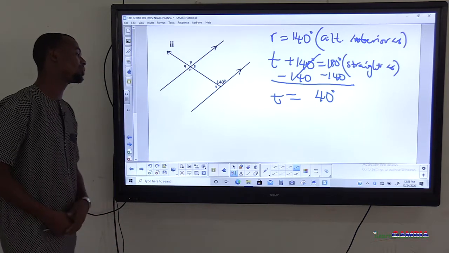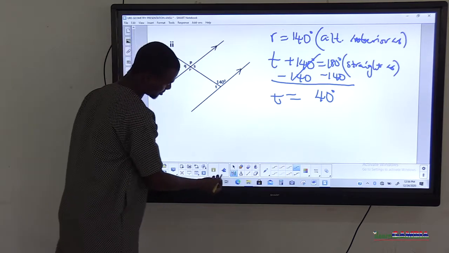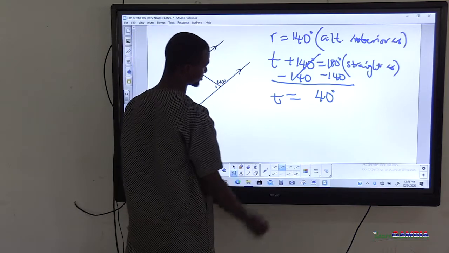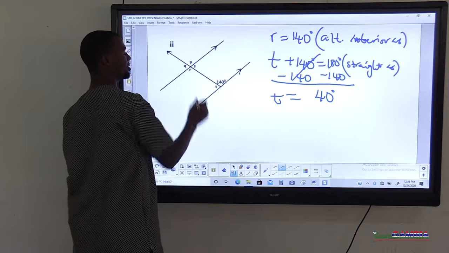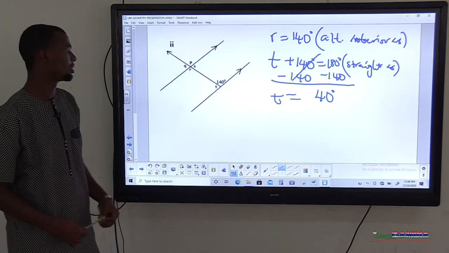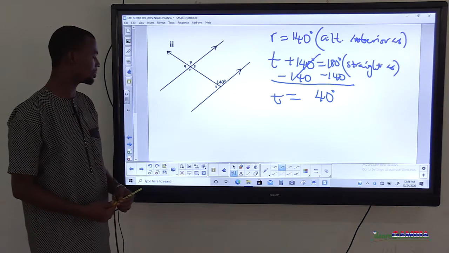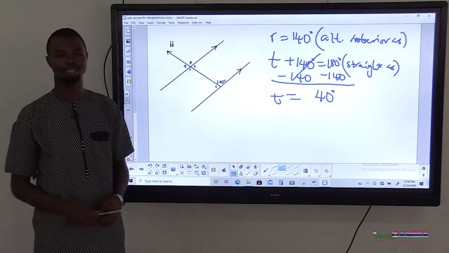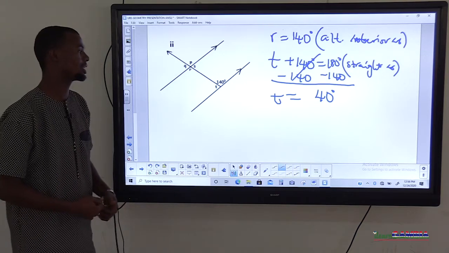Now we find Q. T and Q, what type of angles are they? T is an interior angle, Q is an exterior angle, and on the same side of the transversal, they are called corresponding angles.